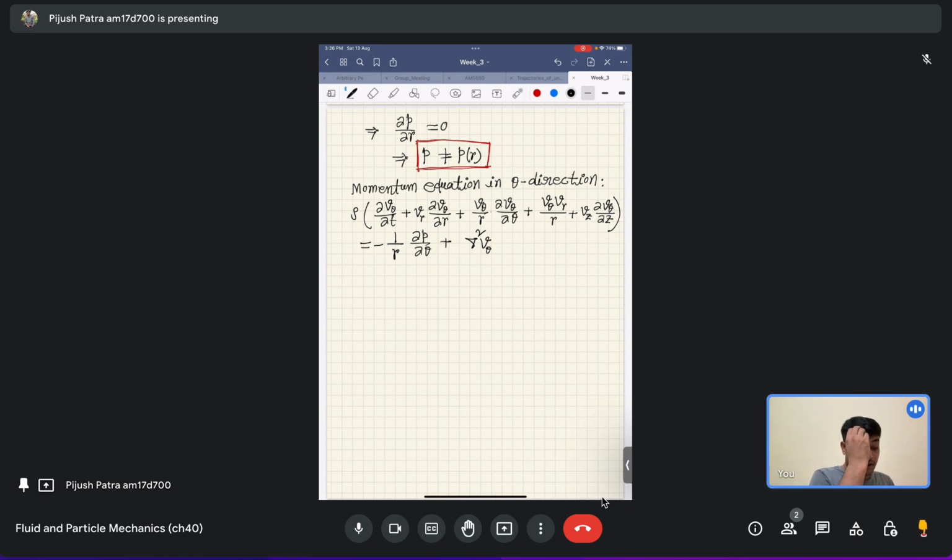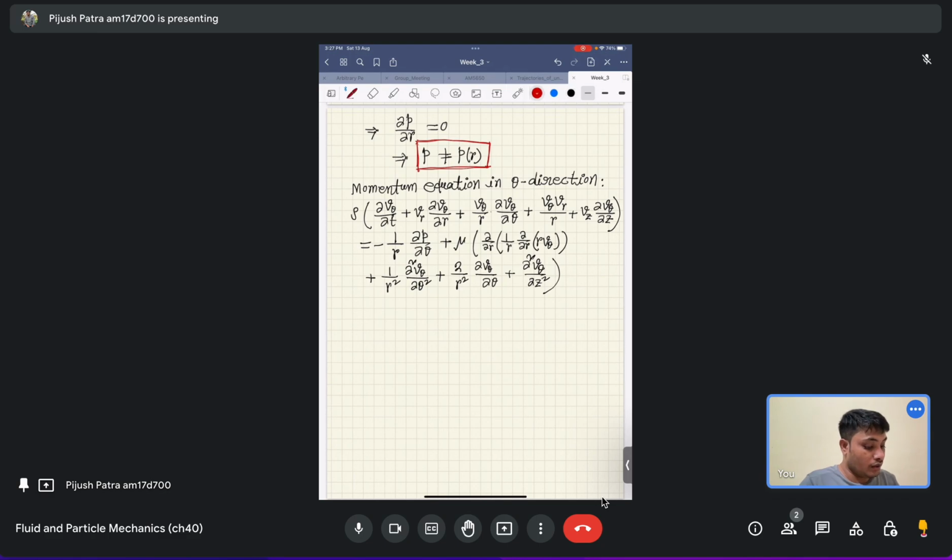Okay, so I can write it down in a more explicit form, plus mu into dou r of 1 by r dou r v theta, right, plus 1 by r square dou 2 v theta by dou theta square plus 2 by r square dou v theta by dou theta plus dou 2 v theta by dou z square.